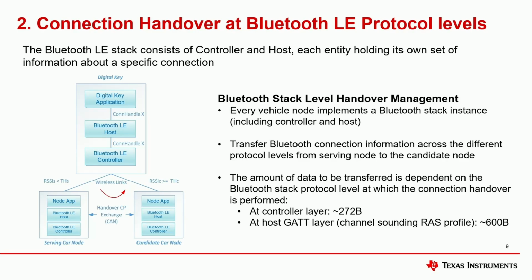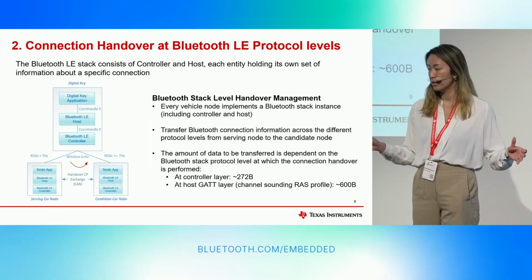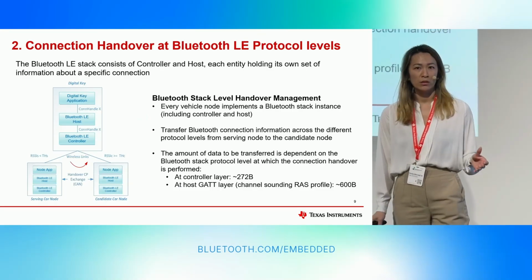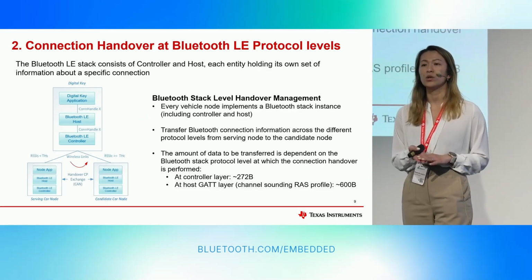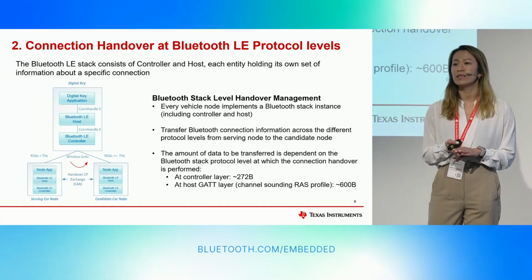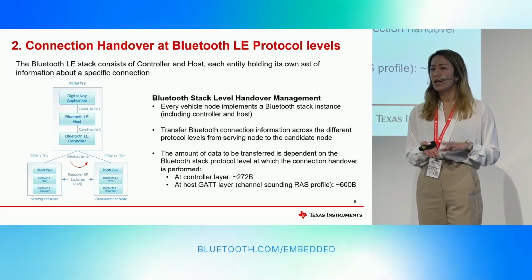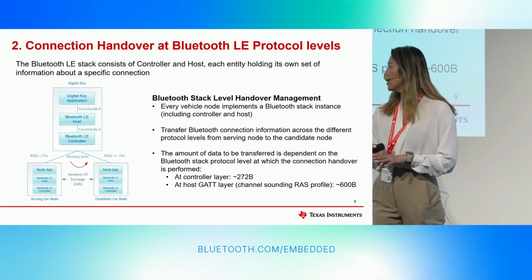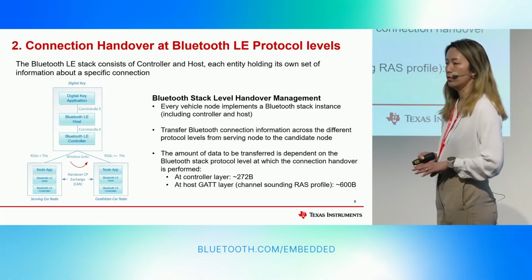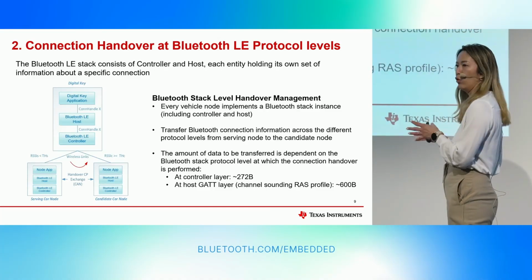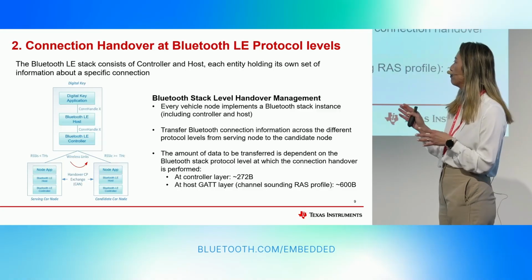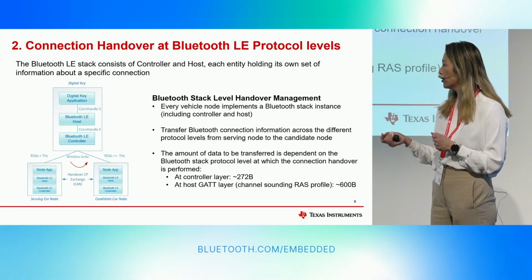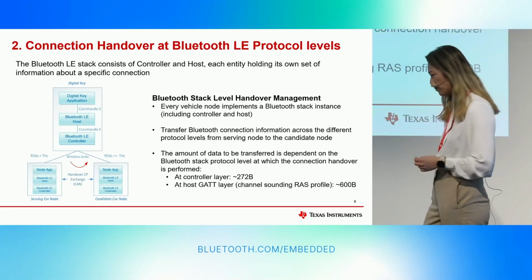That's the fundamental of how the packet looks. The host layer contains all the security manager related information, which is your IRK, your long-term key, and encryption keys. So in TI's connection handover solution, we basically hand over all the needed information from both the host layer and the controller layer to the peer device.